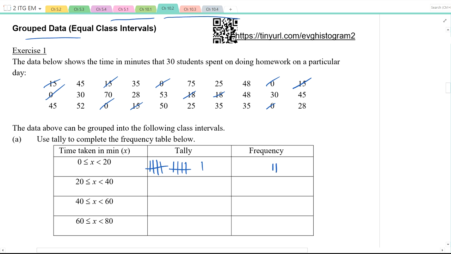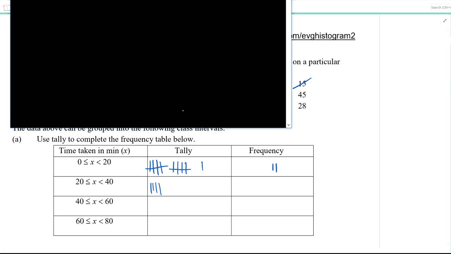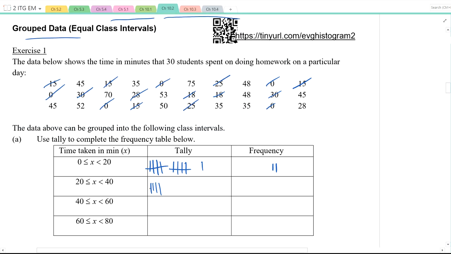Let's go on for 20 to not including 40. We've got 1, 2, 3, 4, 5, 6, 7, 8.